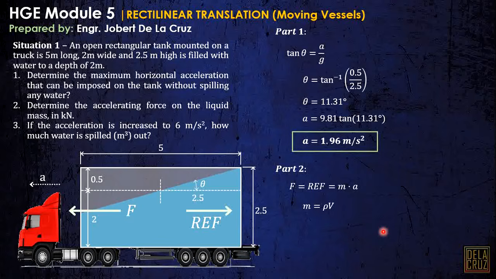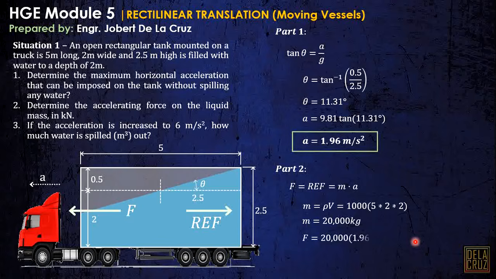So, the density of the water is 1,000 kilograms per cubic meter multiplied by the volume of water here. Initially, we have 5 times 2 times the perpendicular distance of 2. This is the volume of our water. Then, we have the mass as 20,000 kilograms.